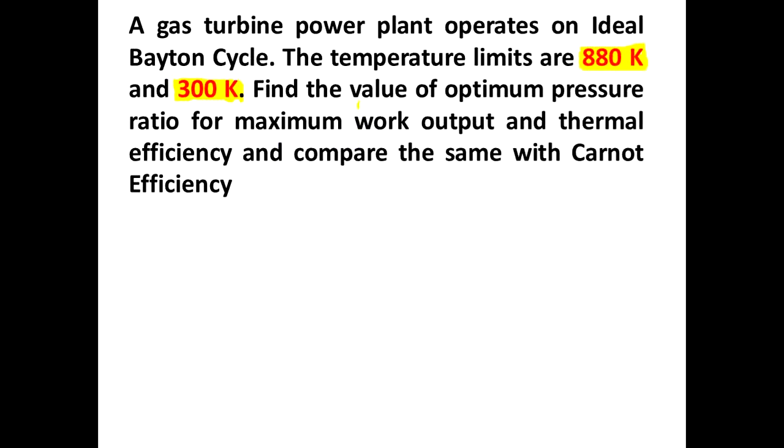Find the value of the optimum pressure ratio for maximum work output. Keep in your mind, here they are telling maximum work output and thermal efficiency, and compare the same with the Carnot efficiency.